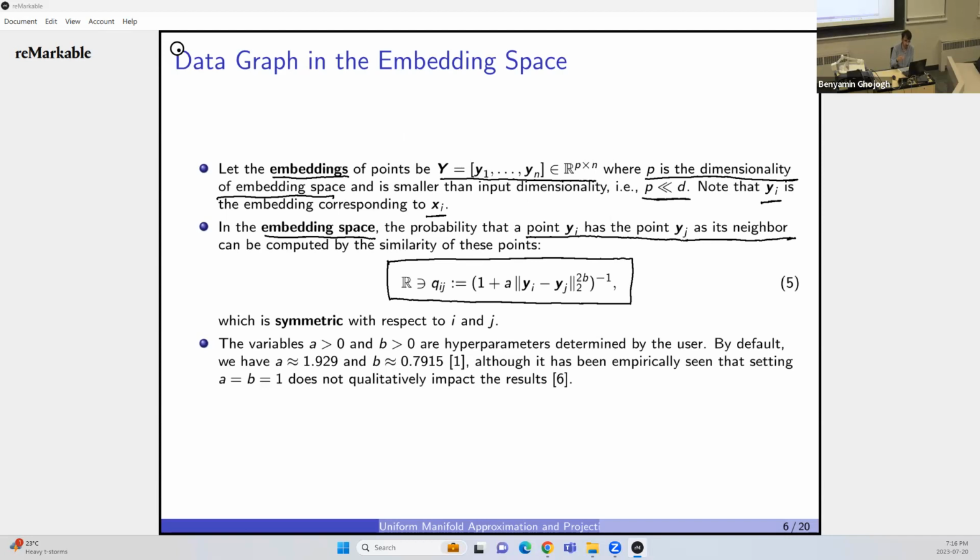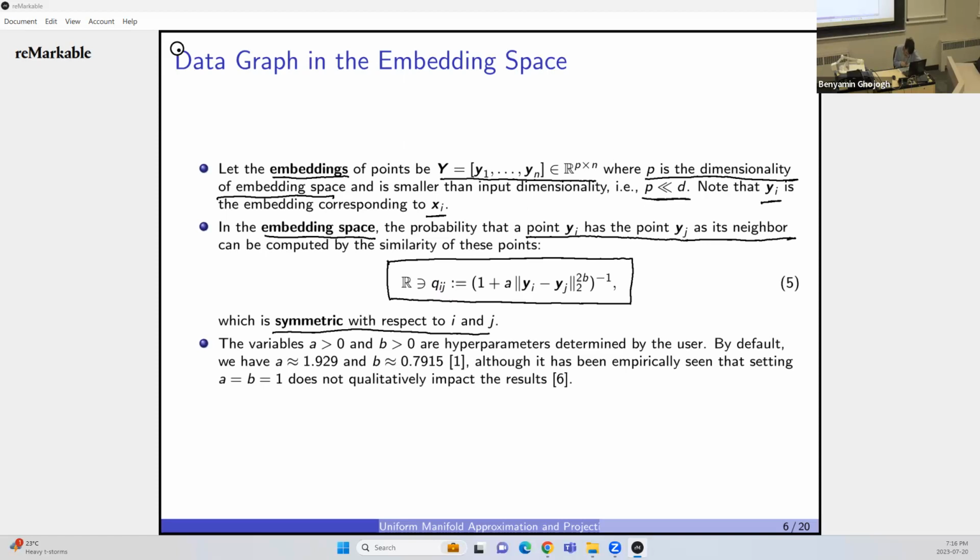Similar here, in its input space, we use Gaussian distribution, but in embedding space, we use this equation 5 as a probability. What is this? The probability that yi and yj are neighbors of each other, and it's symmetric with respect to i and j.